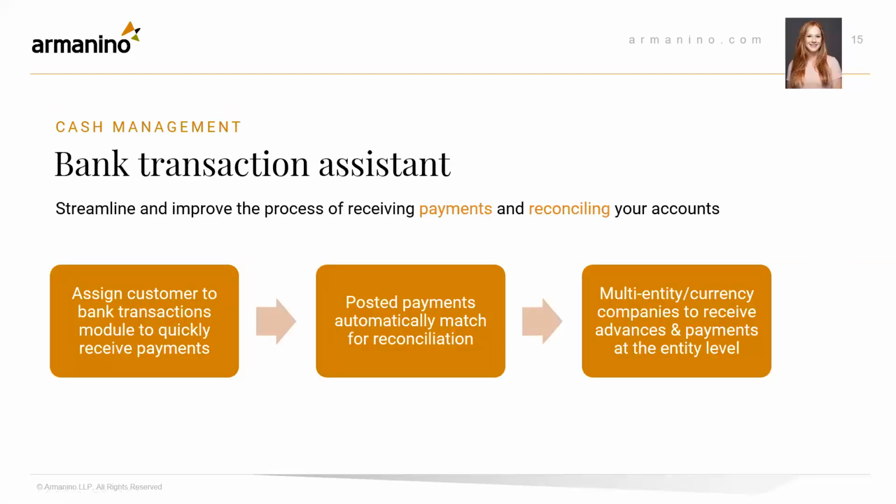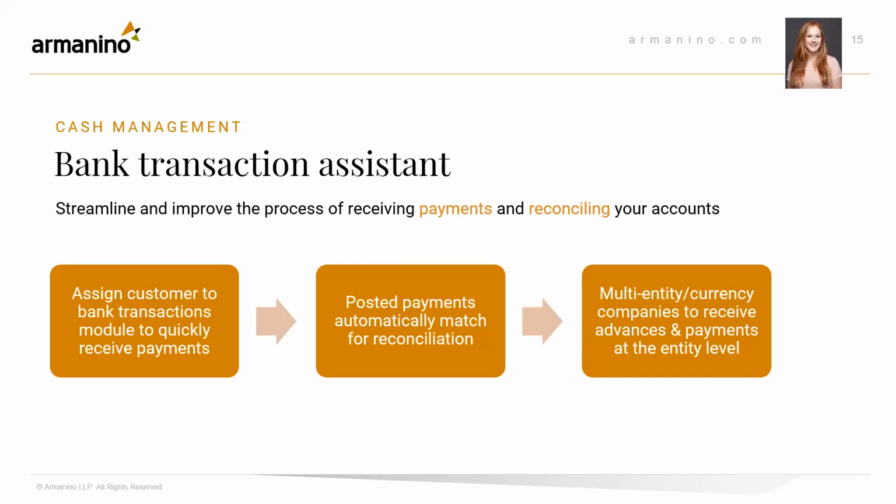If we want to go to the next slide, okay. The next update is the Bank Transaction Assistant. And this one, again, was an early adopter program in the last release. Along the lines of applying those payments to customers, what this is allowing you to do is when your bank transactions are syncing in daily from the bank into Intacct, you're able to post a payment.